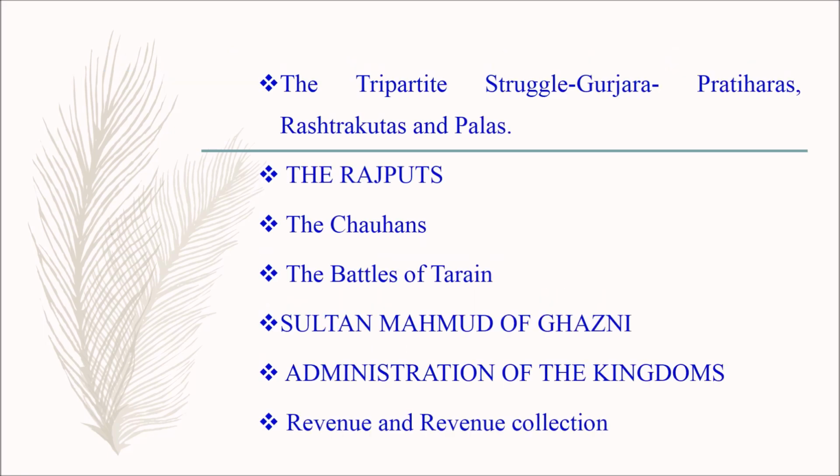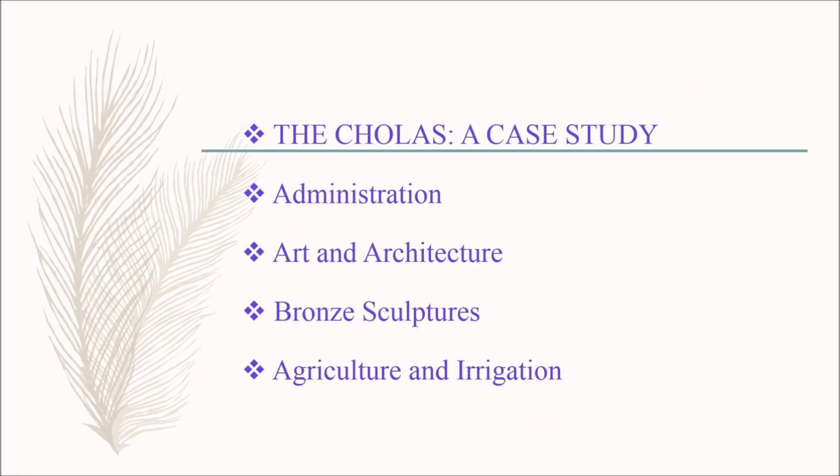Next we have the Rajputs, the Chauhans, the battles of Tarain, Sultan Muhammad of Ghazni, administration of the kingdoms, revenue and revenue collection. Then we have the Cholas, a case study. Under this we have administration, art and architecture, bronze sculptures. Finally, we have agriculture and irrigation.